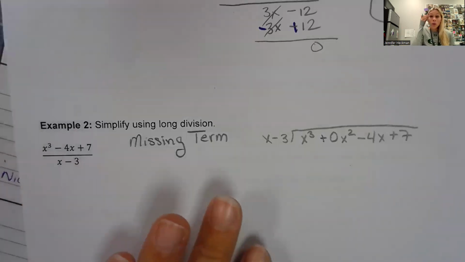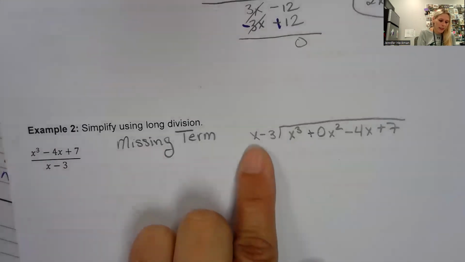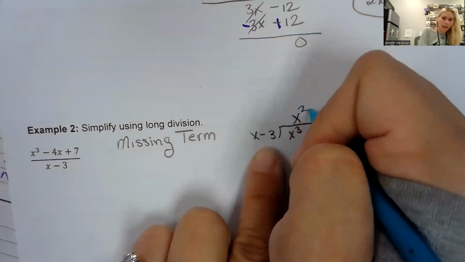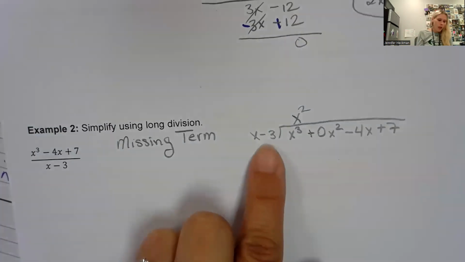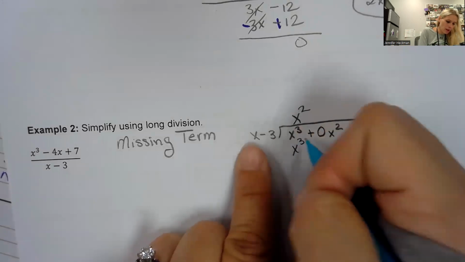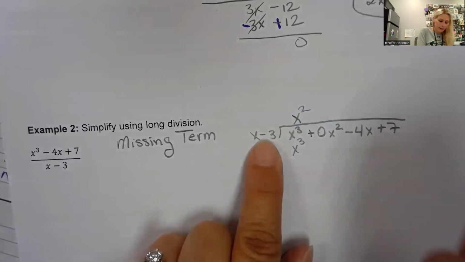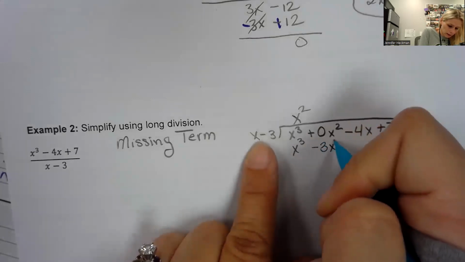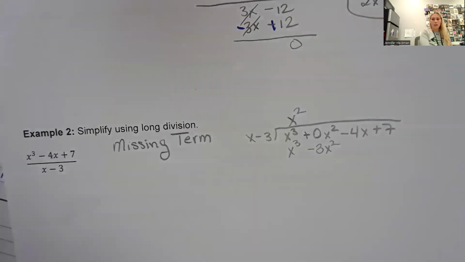Okay. So let's go through our process. What do we multiply x by to get to x cubed? Multiply it by x squared. Because x squared times x is x cubed. And x squared times -3 is -3x squared. Okay. I'm going to change the sign so I can add.